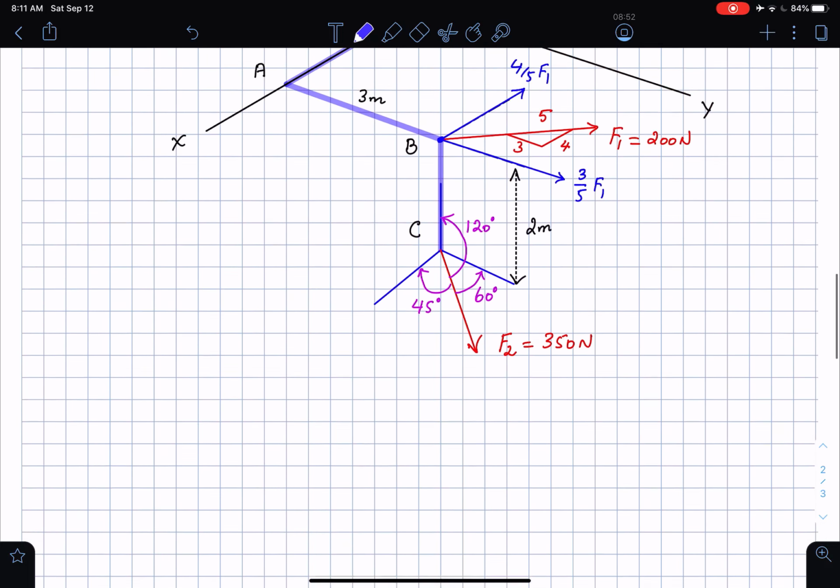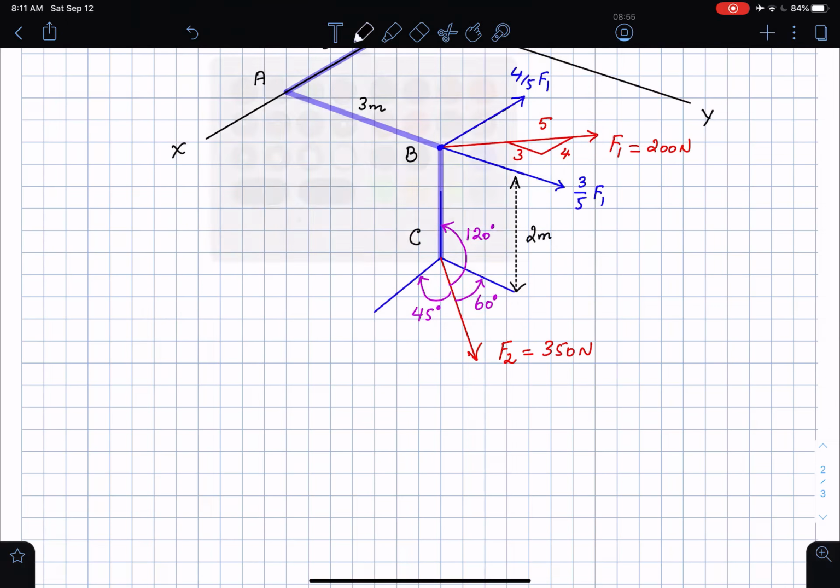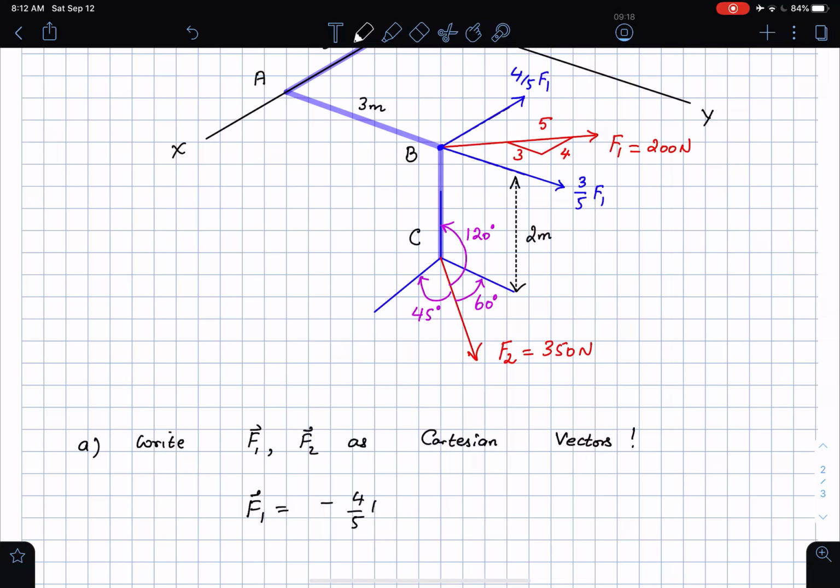Okay, so my first step is to write these forces as vectors. Write the forces F1 and F2 as Cartesian vectors. So the force F1 is easy. It's an XY force, so there is no Z component to it. So this is going to be minus 4/5 F1 in the i, as you can see, plus 3/5 F1 in the j, plus 0k.